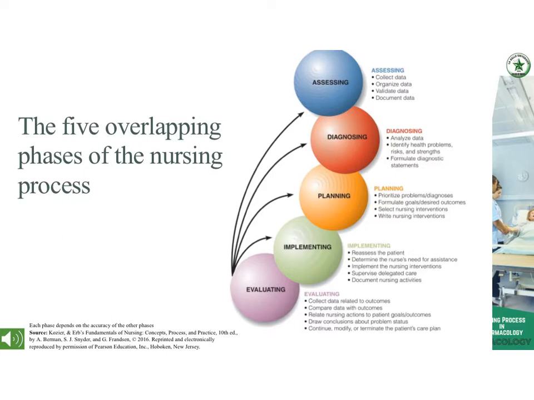This step completes the initial cycle of the nursing process and provides the basis of beginning the cycle anew. Detailed information and the application of each nursing process will be discussed in the succeeding slides.